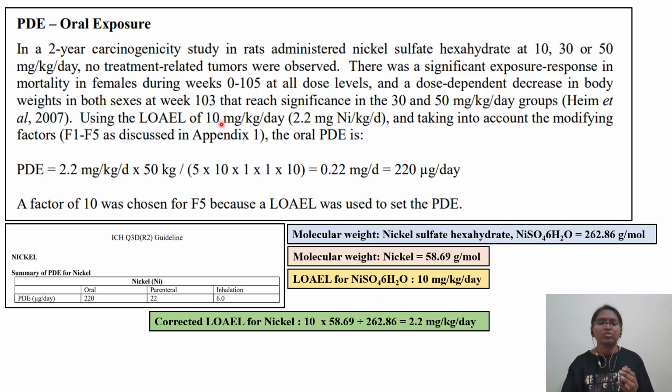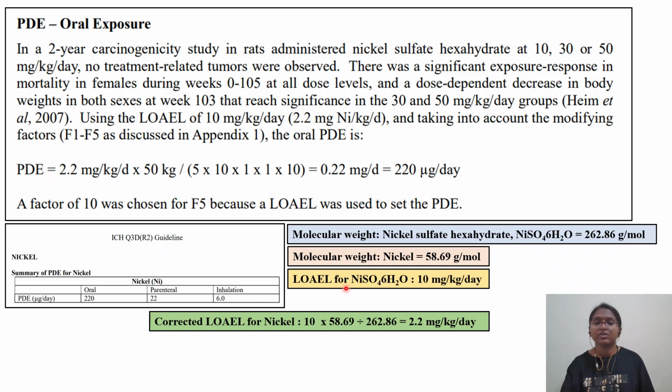Since we are deriving it for nickel, we have to apply a molecular weight correction factor. The molecular weight of nickel sulfate hexahydrate is 262.86, and the molecular weight of elemental nickel is 58.69. You have to apply the molecular correction factor to get the lowest observed adverse effect level for nickel.